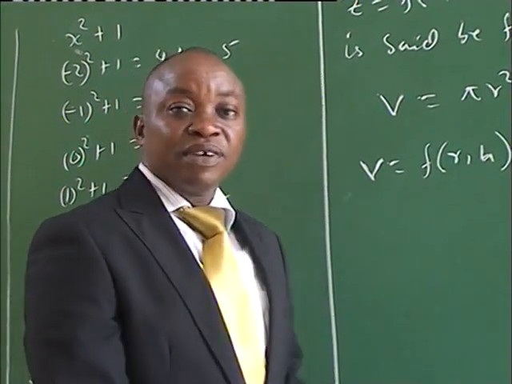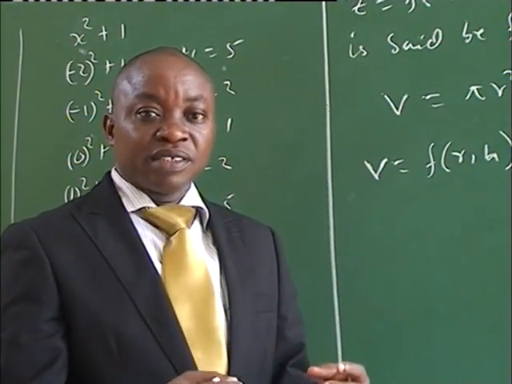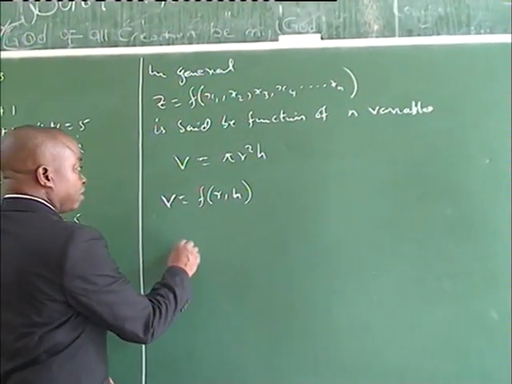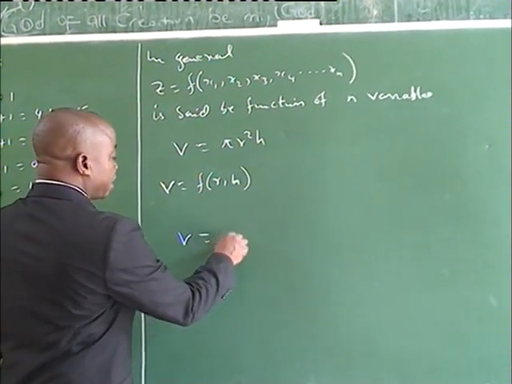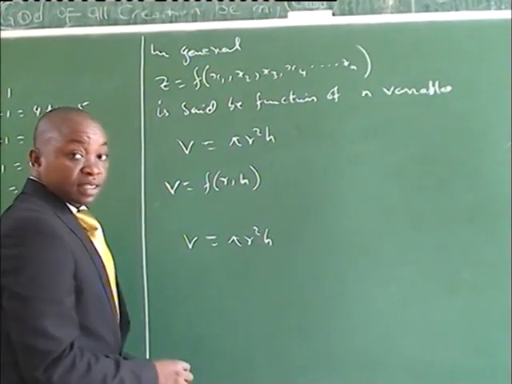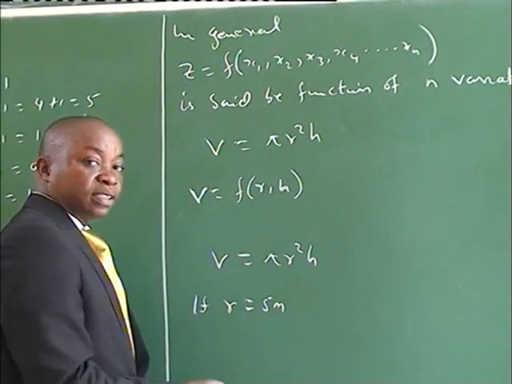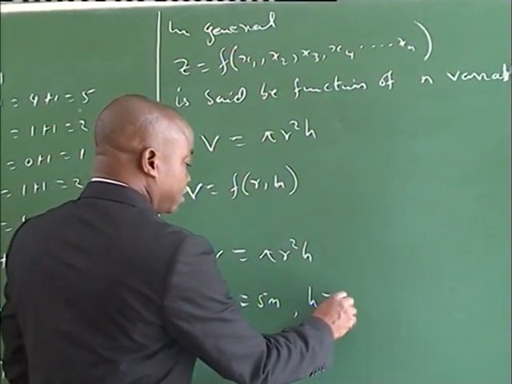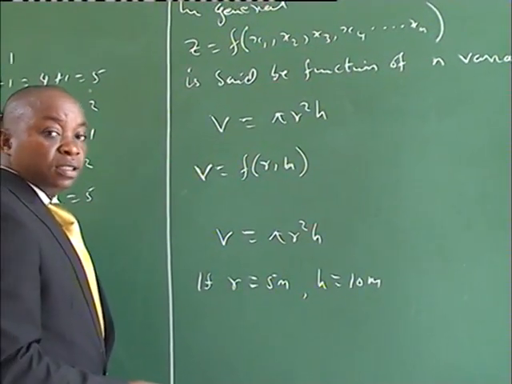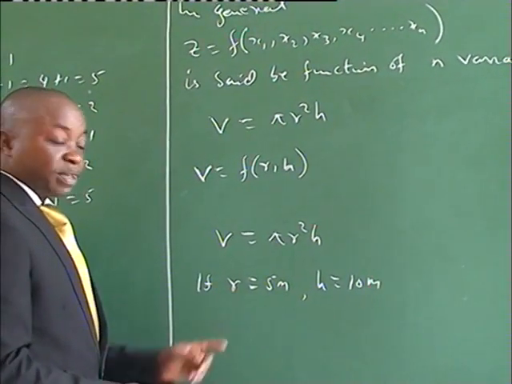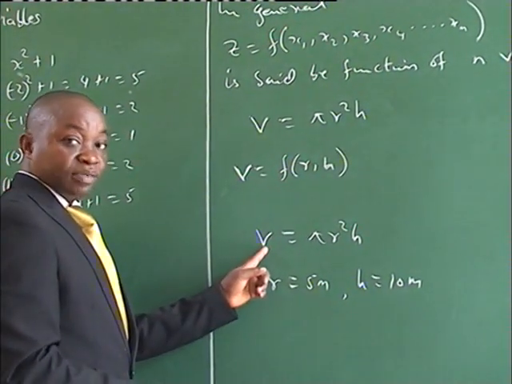So those things are what we are going to study so that you really understand the concepts we want to look at. Let's look at this. We know that the volume of a cylinder is given by V is equal to pi r squared h. Now, if r is equal to 5 meters, and h is equal to 10 meters, then we can now get the value of this function V, the volume.